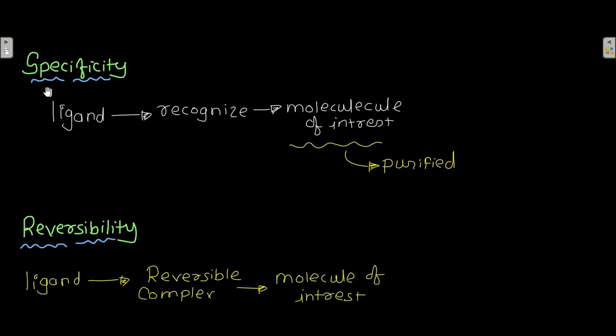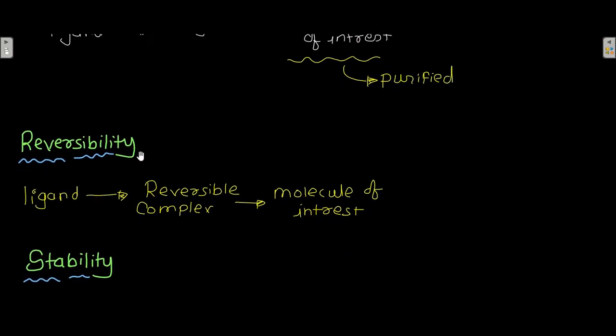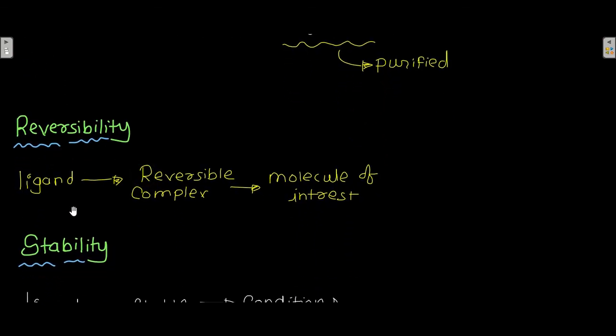Starting with specificity. The ligand should recognize only the molecule of interest that is to be purified. That is specificity. Now talking about reversibility, the ligand should form a reversible complex with the molecule of interest that is to be purified.